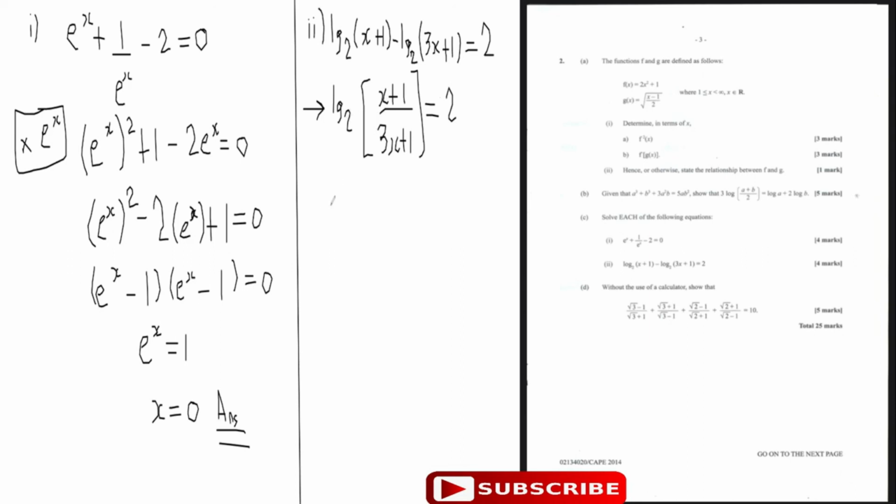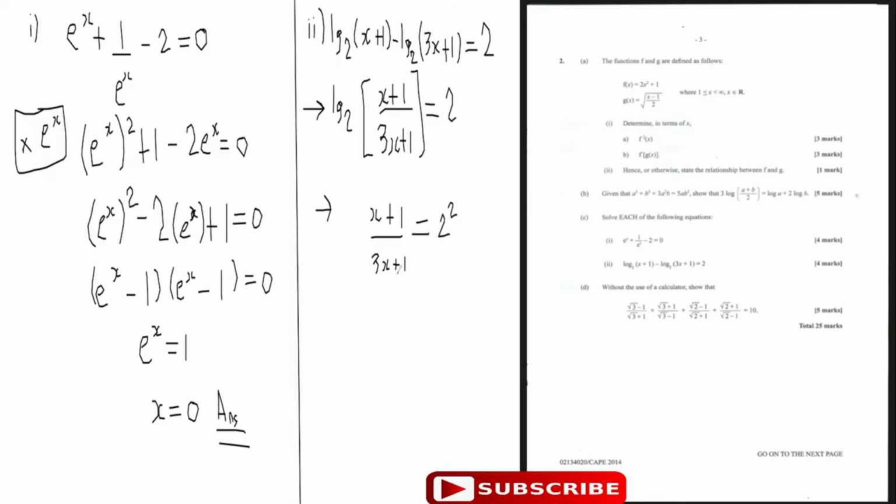So 2 squared is 4. And so we can conclude that x plus 1 over 3x plus 1 is equal to 2 squared, by laws of logarithm.